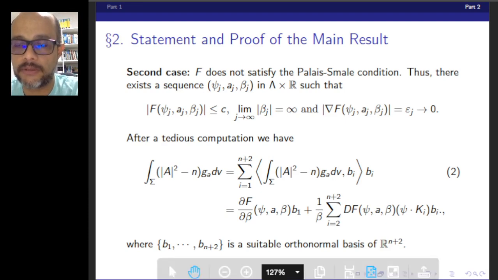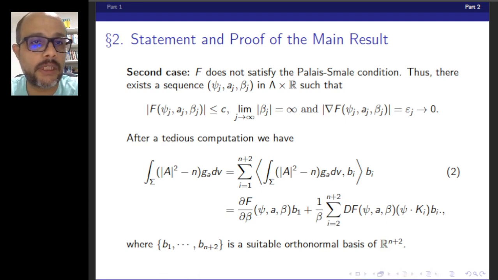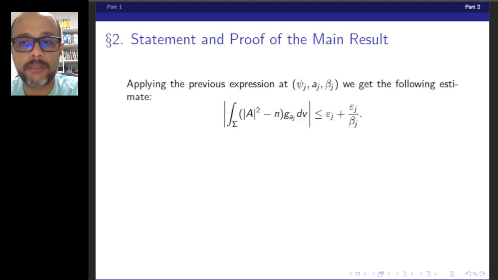And using such an expression along the sequence, we deduce that this integral is very small all along the sequence.